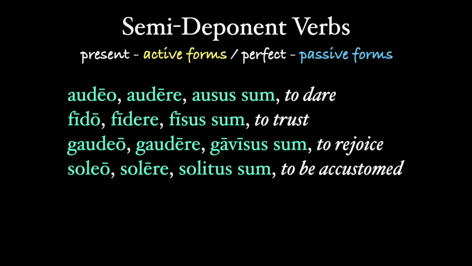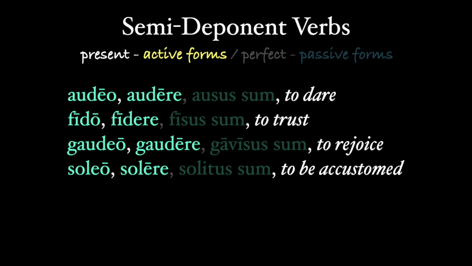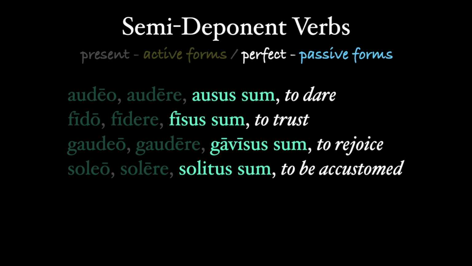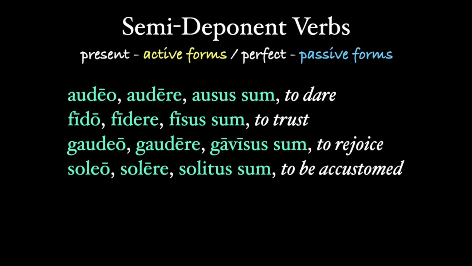There are four common and important semi-deponents: audeo, audere, ausus sum, and note the present active forms in the first two principal parts, but the passive or deponent-looking third part. So this first word means to dare. Fido, fidere, fisus sum, to trust. Gaudeo, gaudere, gavisus sum, to rejoice, and soleo, solere, solitus sum, to be accustomed.